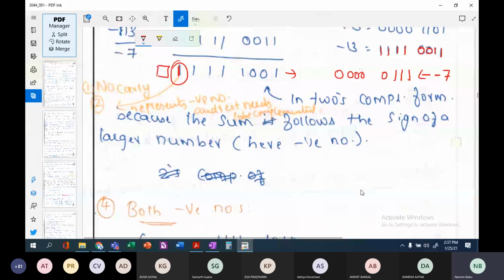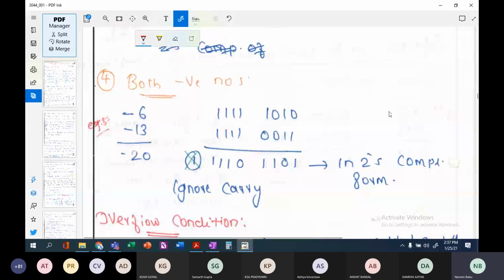So in 2's complement form, because the sum follows the sign of the larger number, here in this particular case you are having a negative number. That is why we are doing the complement once more. Okay. Now what if you have both negative numbers?